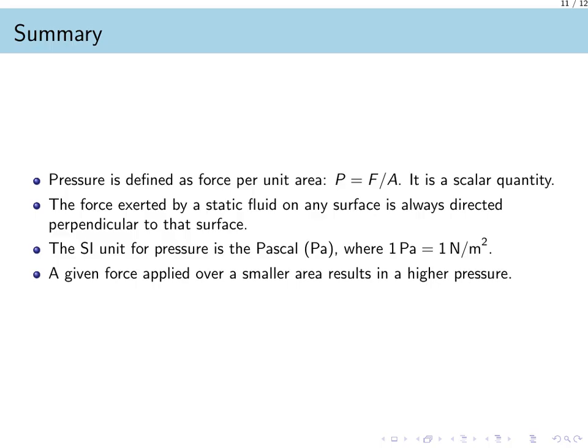The force associated with pressure, however, is a vector that always acts at a right angle to the surface. The standard international unit for pressure is the pascal, where 1 pascal is equal to a force of 1 newton spread over an area of 1 square meter.